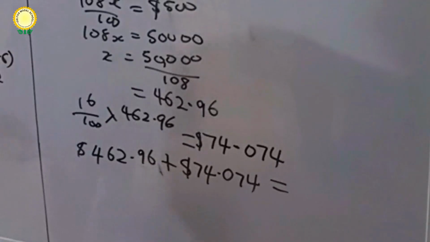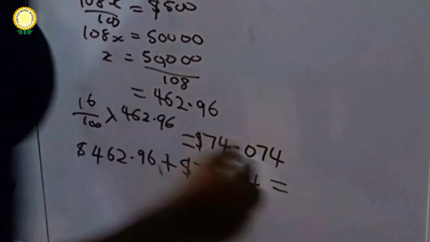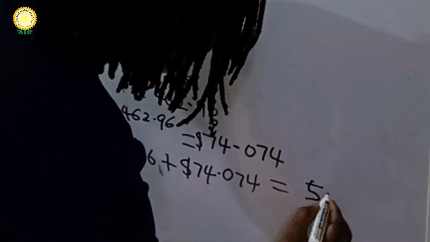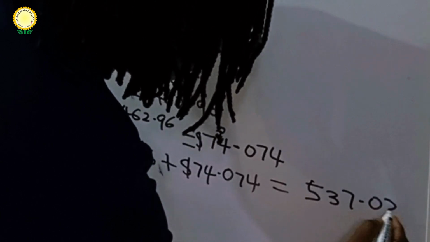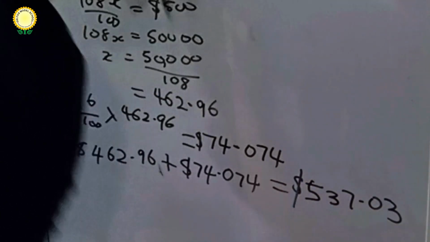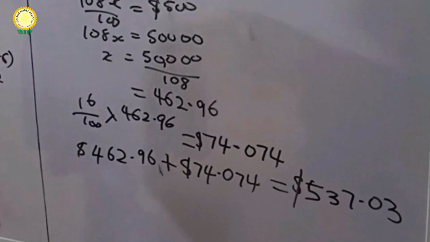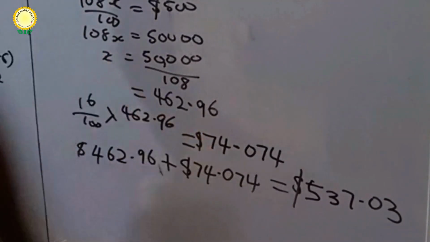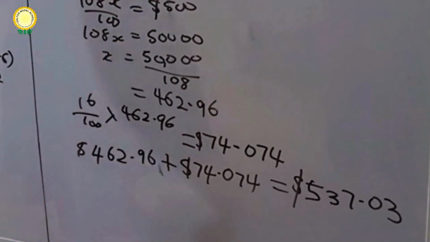That will now make us have 537.03, rounding up to 2 decimal places. So 537.03 is the price that you're going to sell this article to make a profit of 16%.